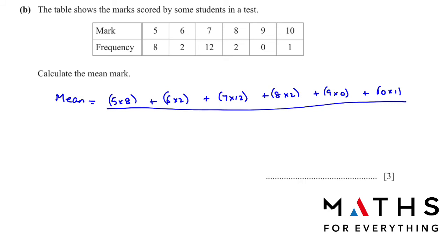And in the denominator, we are going to write the sum of this. So the frequency, 8 plus 2 plus 12 plus 2 plus 0 plus 1 is 25. Put this in the calculator, the whole thing together, and the answer is 6.48.